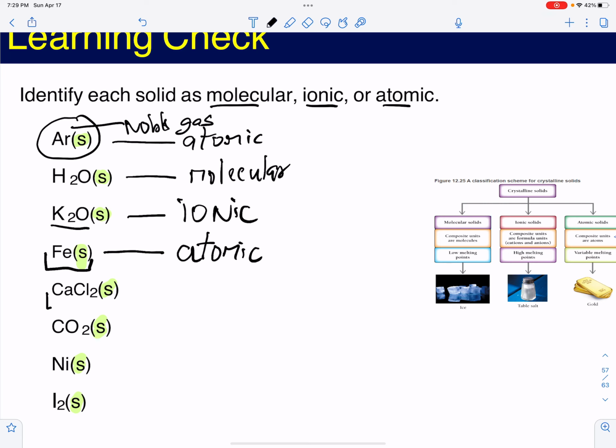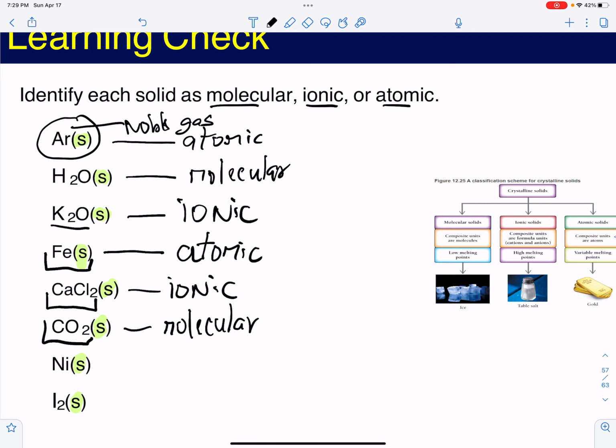This one is a metal with a non-metal, so ionic. This one is a molecule, so that's going to have to be molecular. This one is another metal, nickel, a transition metal, so that's going to be atomic.